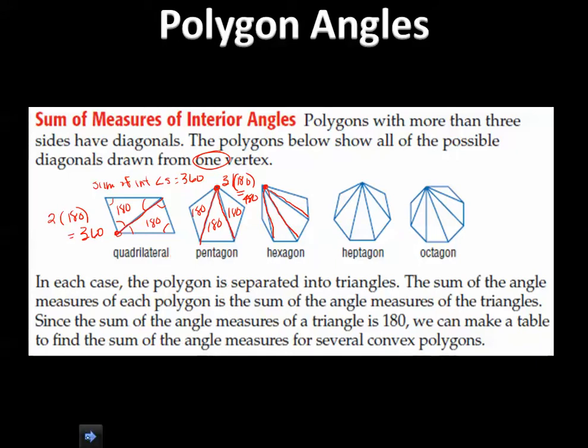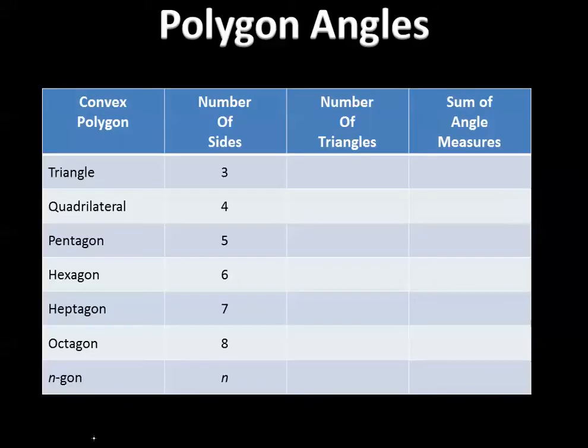Okay, I just wanted to show you how that was going to work, because we're going to complete a chart. With a triangle, you have 3 sides, and the number of triangles in a triangle is 1. The sum of the angle measures is 180.